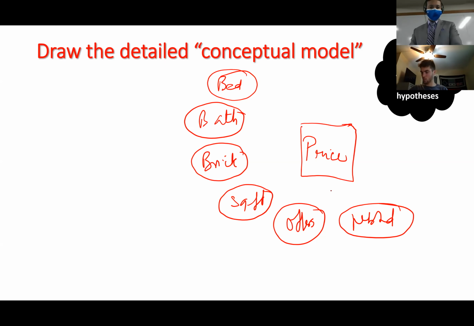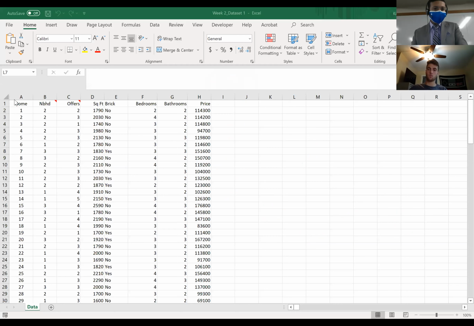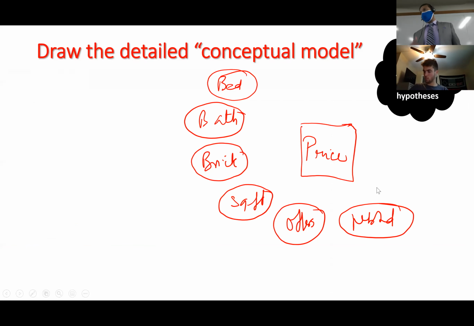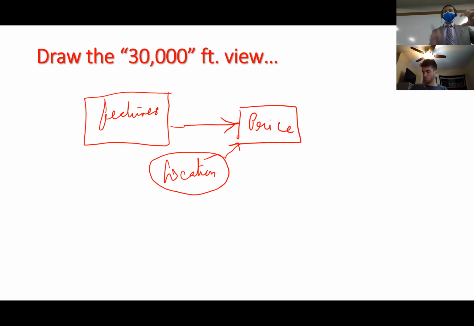Let me see if I'm missing something. Okay. So all of those 6 together kind of encapsulate what we just defined in the previous slide, which is a broad view of features and location impacting price.